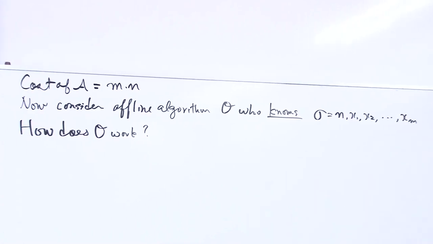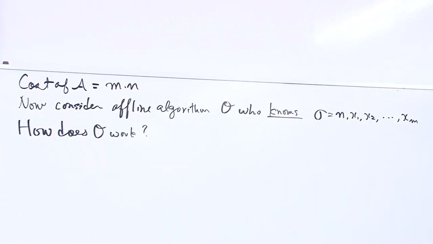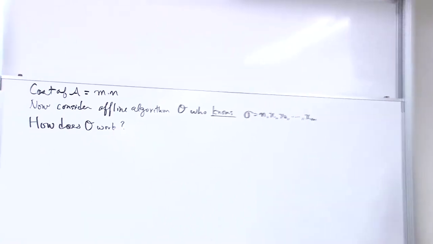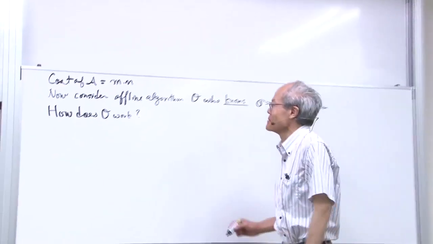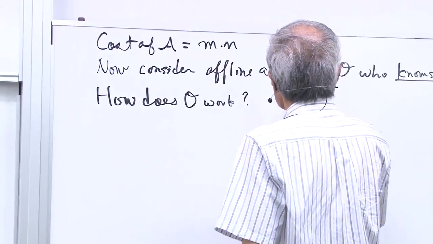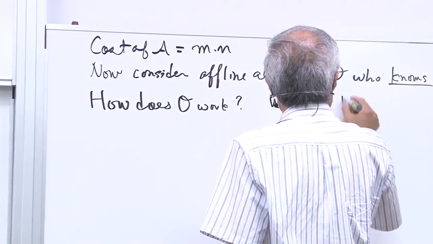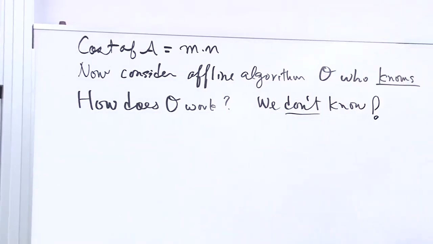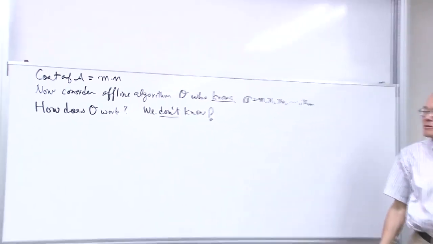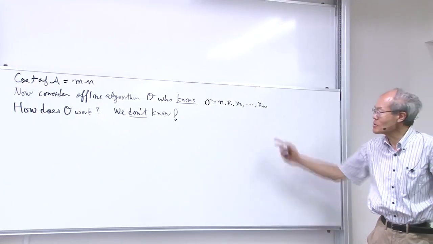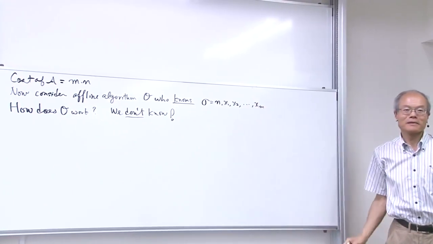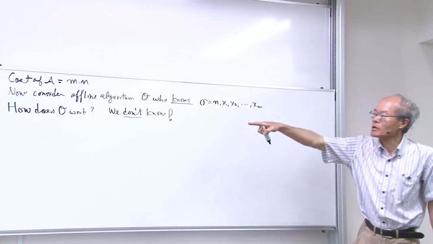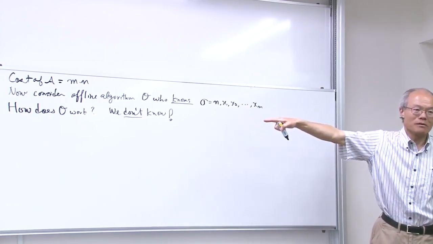How does this optimal algorithm work? Interestingly, we don't know. We don't know how it works, because we don't know this input. Because this input is determined by algorithm A.